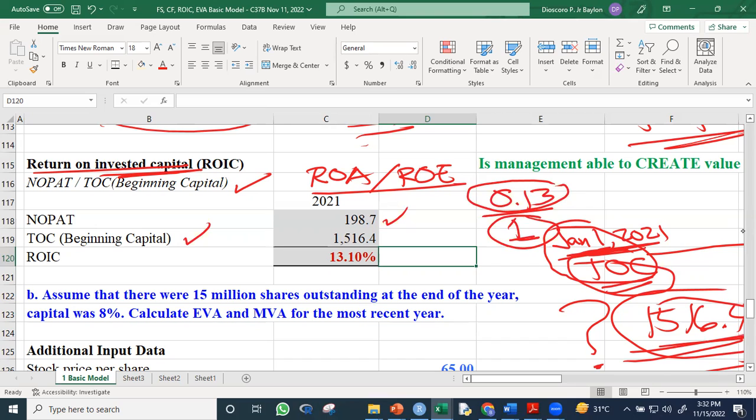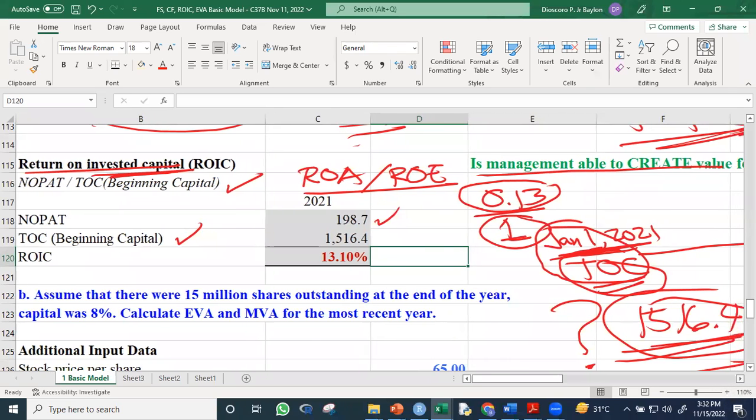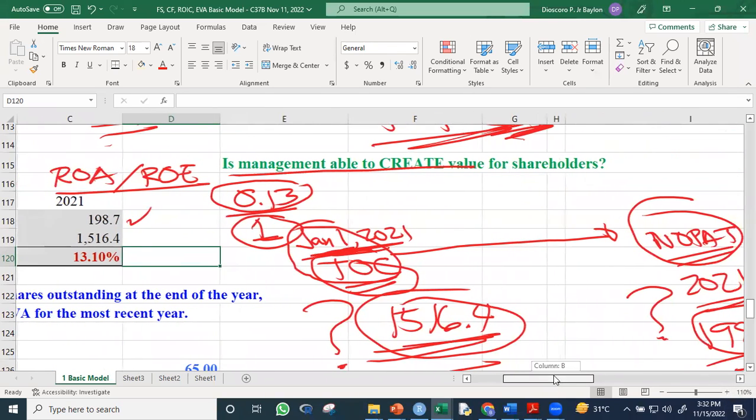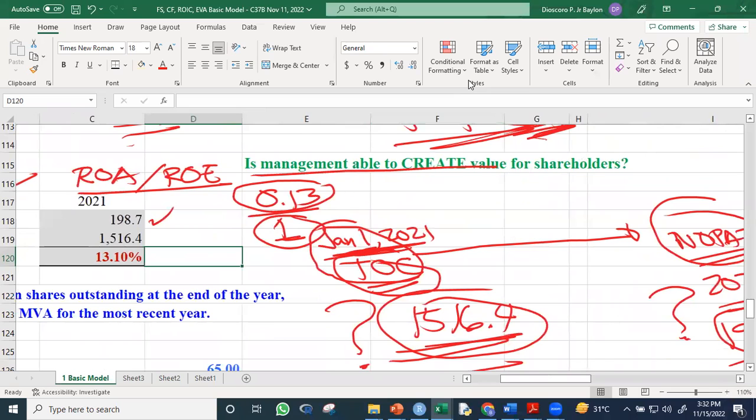Now, ang question, is management able to create value for the owners of the business, for the shareholders? Okay, could I have a yes or no answer from you? Sandali lang ha. So, ang question ko, ang ROIC, return on invested capital, is 13.1%. What do you think?